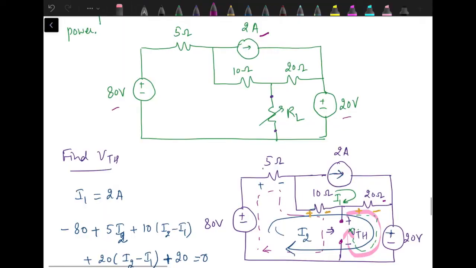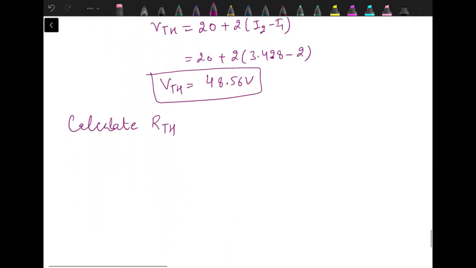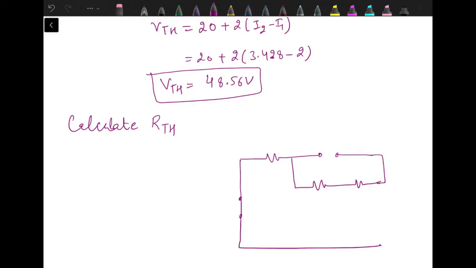The two voltage sources will be replaced by short circuit. 5 ohm resistance and current source replaced by open circuit. 10 ohm resistance, 20 ohm resistance. This voltage source replaced by short circuit, and this 20 volt source again replaced by short circuit, and these are the load terminals where we need to calculate the equivalent resistance.